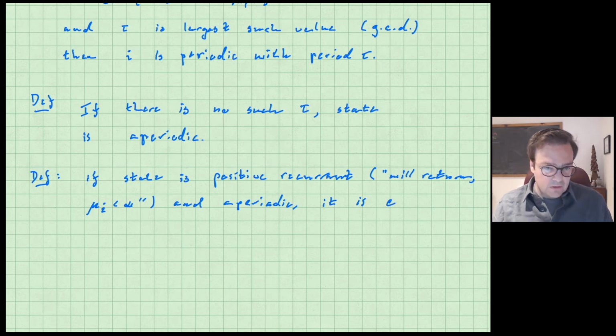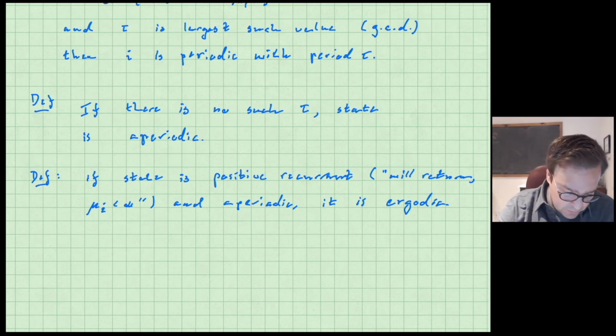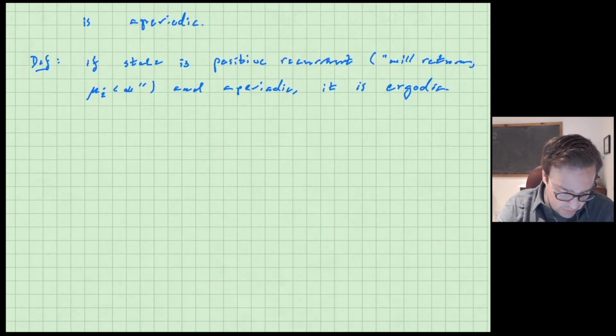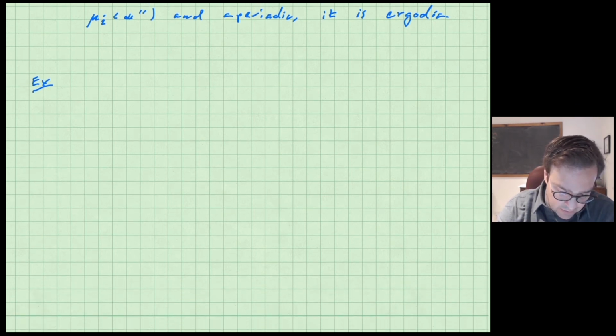Okay, let's try an example and see how this periodicity works. Let's imagine two loops. There's a set of 4 states over here.